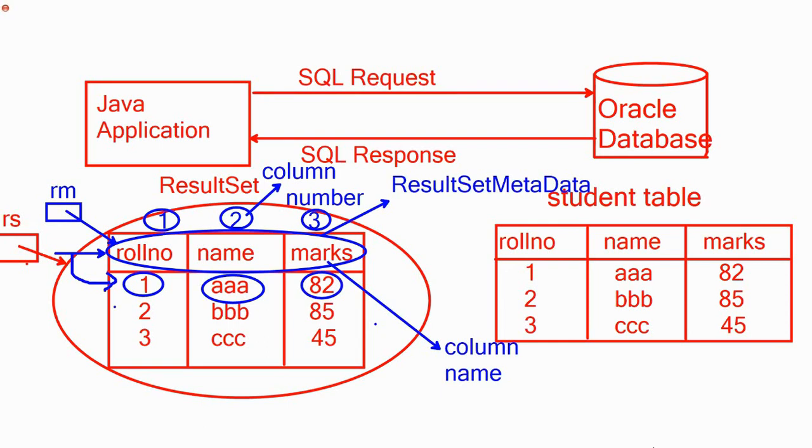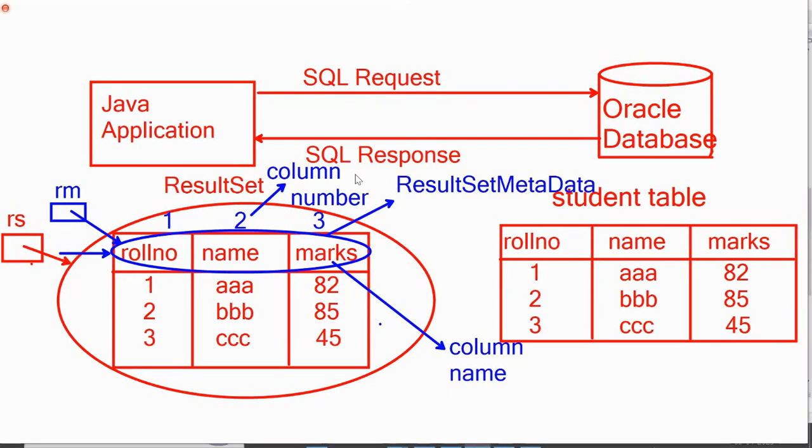Again the next method is called, cursor comes here. Again getInt 1, getString 2, getInt 3. Again the next method called. Again getInt, getString, getInt. After that, again the next method, false. It is stopped. Okay.